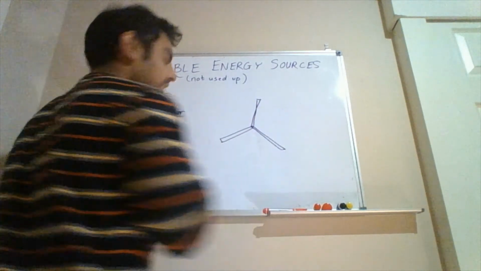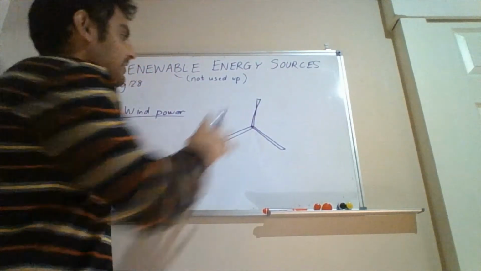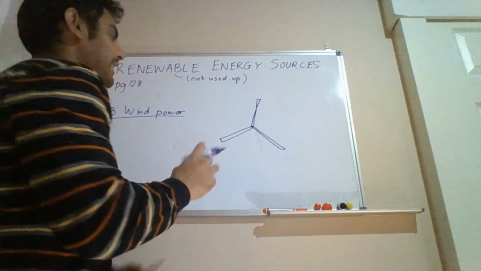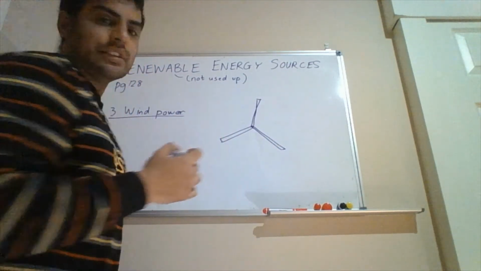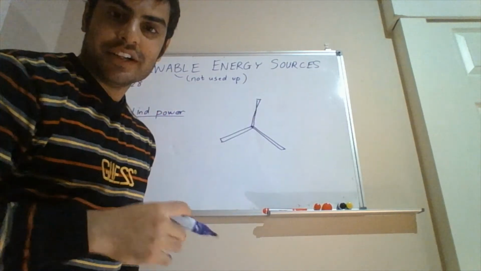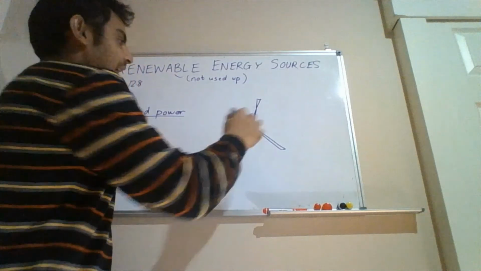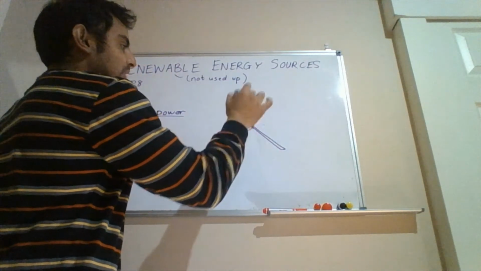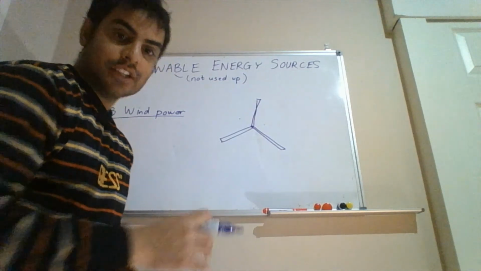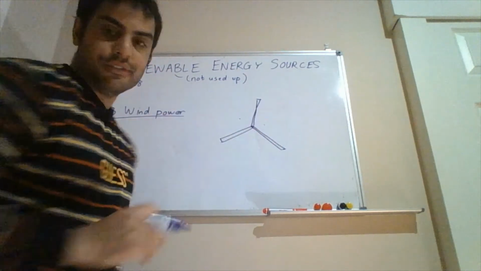They look something like this, and the blades are spaced equidistant in this triangle shape. Equidistant would mean that each of these angles is 120 degrees, equal sizes, and when we add them up, 120 plus 120 plus 120 gives us 360 degrees. So the full circle.